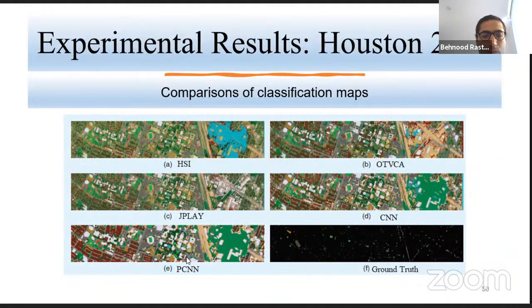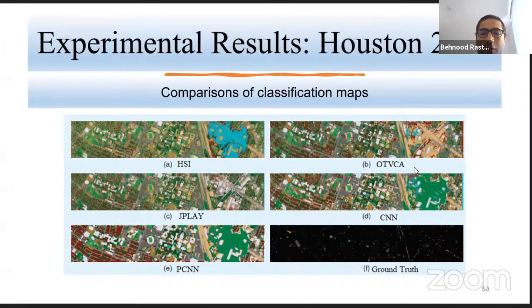And as you see, again we are facing the same over-smoothing problem in the maps, particularly in the case of PCNN. This problem is much less in the case of JPlay, but then again the accuracy is also very low.